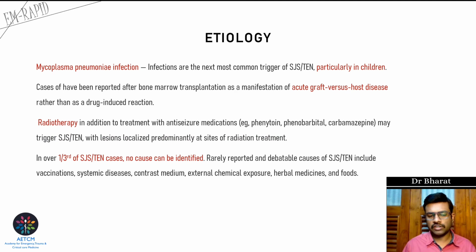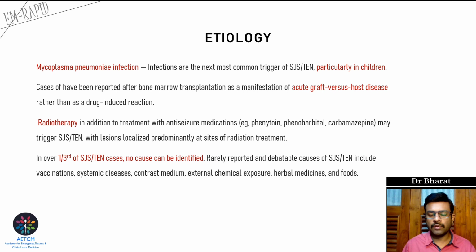Coming to the etiology of the disease of infectious origin, Mycoplasma pneumoniae infection is one of the most common triggers, usually seen in children. Other causes of SJS/TEN can be a manifestation after bone marrow transplantation; acute graft versus host disease can manifest like SJS/TEN.